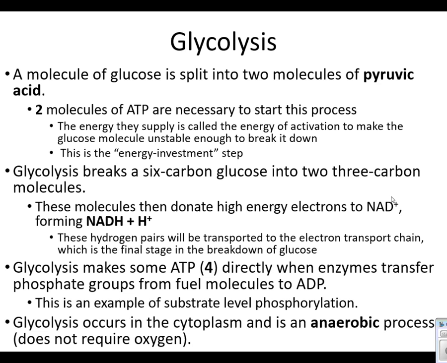How many carbons are in a singular glucose? C6. 6 carbons, and we split them down into 2 molecules of pyruvate or pyruvic acid. You'll see those terms interchangeably, which both are 3 carbons in length. So we basically split glucose in half.